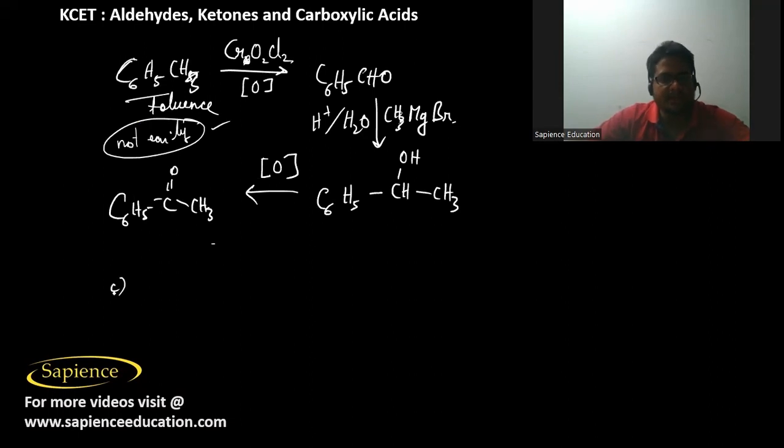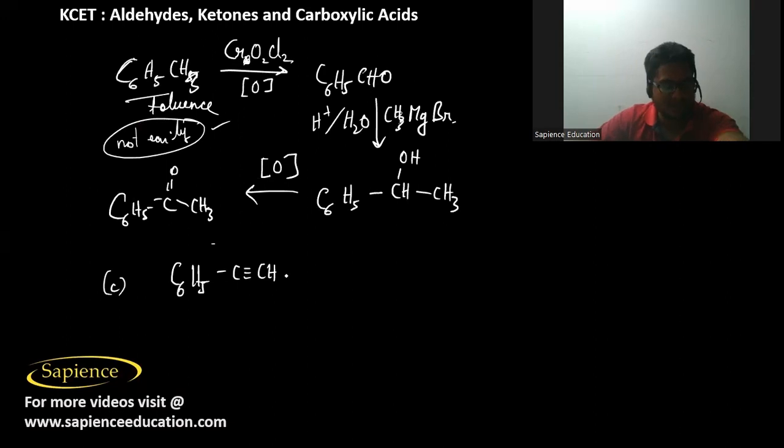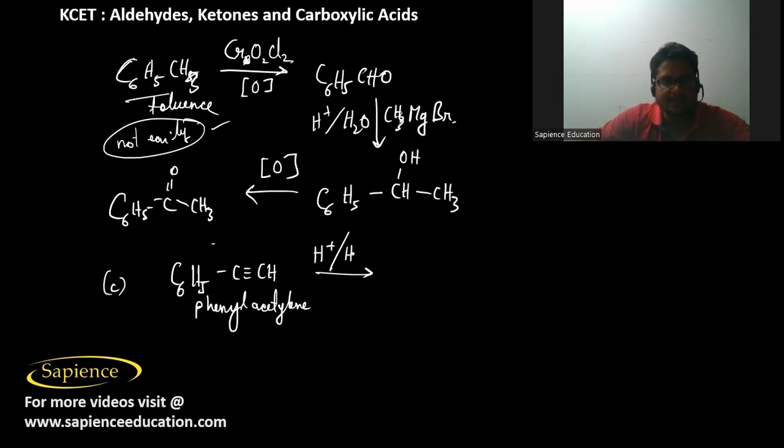And in option C, C6H5 triple bond CH, which is phenyl acetylene, when it is hydrolyzed in the presence of an acid, the enol C6H5COH=CH2 will be formed, and it will show tautomerism.